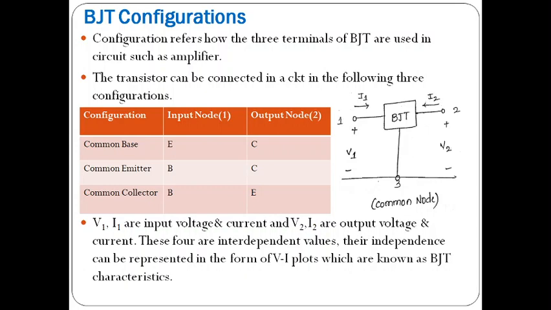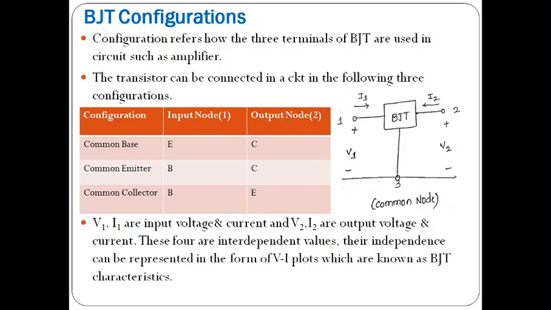When we connect the emitter terminal at common node 3, then the input node becomes base and the output node becomes collector. This configuration is called common emitter configuration.